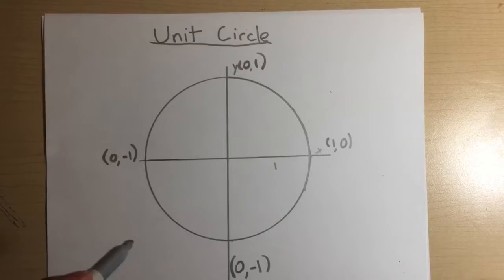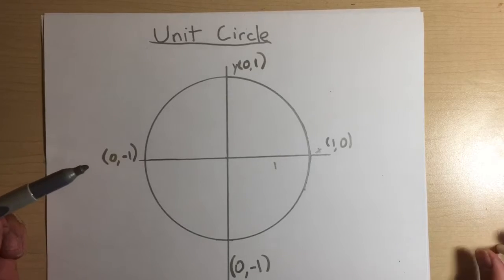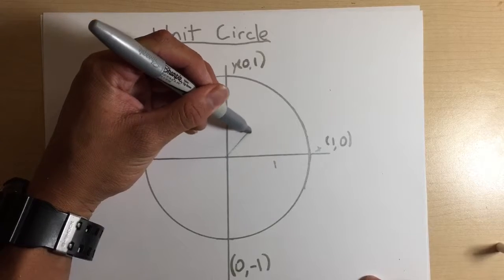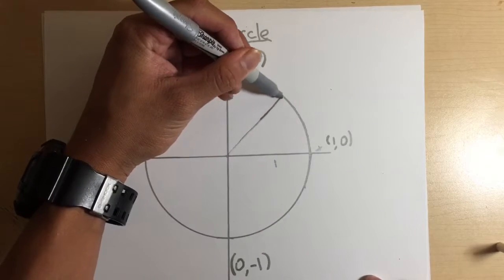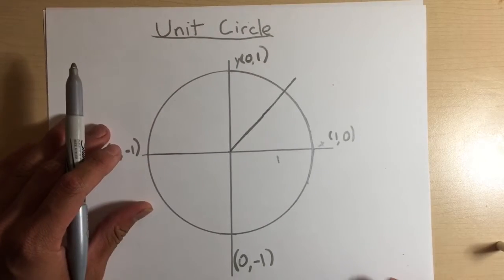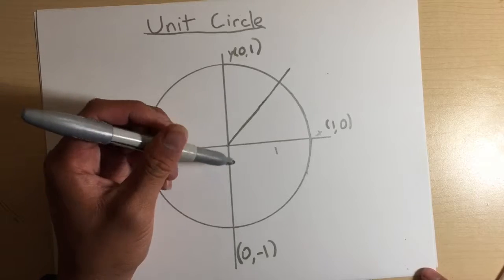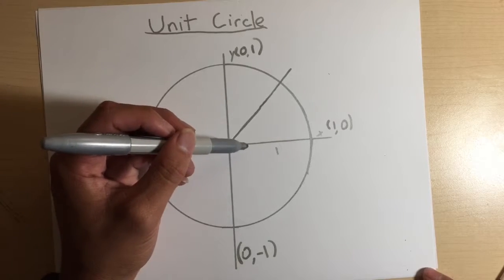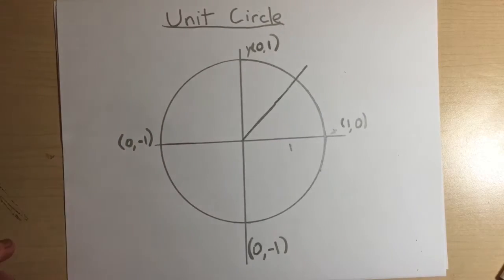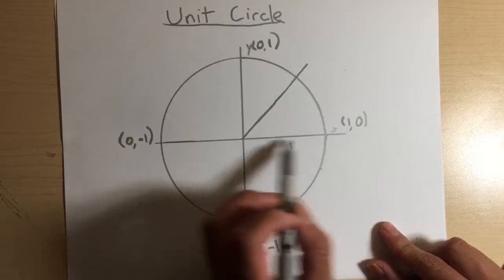Now that we have established that the radius of a unit circle is 1 unit, I can now find an angle, so I'm going to draw an angle right here. And notice on the unit circle, a positive angle goes in the counterclockwise direction, while a negative angle would go in the opposite direction. So this angle starts with the initial side, which is on the x-axis right here.